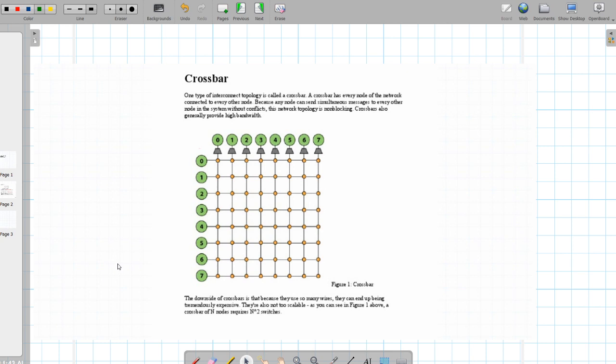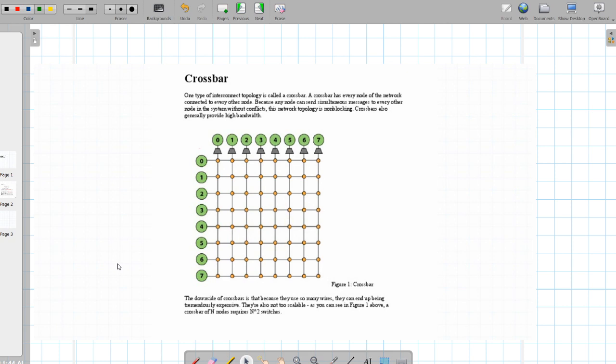Now, because any node can send simultaneous messages to every other node in the system without conflicts, this network topology is basically non-blocking. You can see that each and every node is connected to each and every node via different paths.